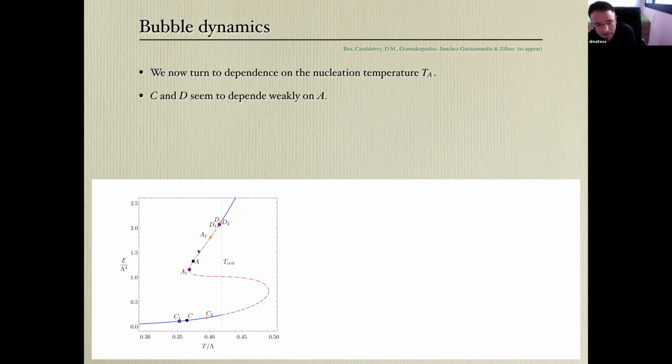So when A reaches this point, the wall velocity goes to 0. And what you have inside and outside are this and that, which is exactly what you have in a phase-separated configuration. So, but now, depending on which combination you start with, you can have different phase-separated solutions.